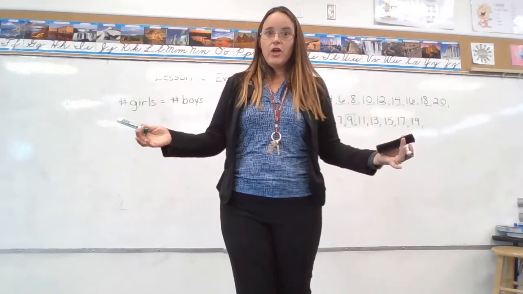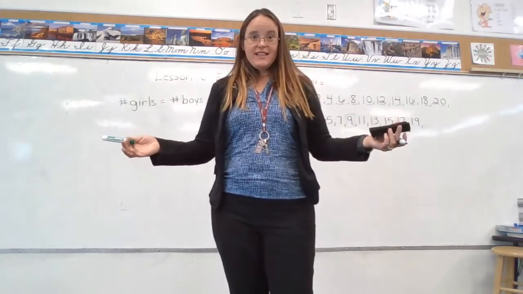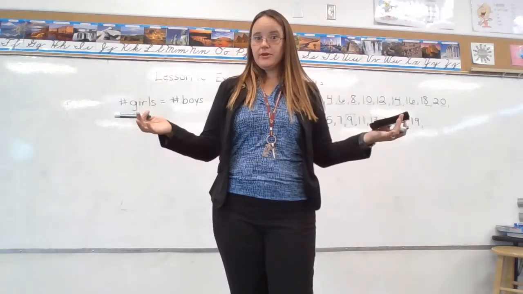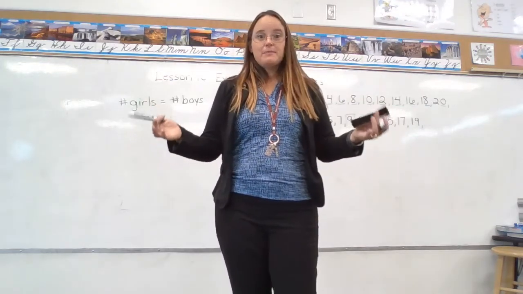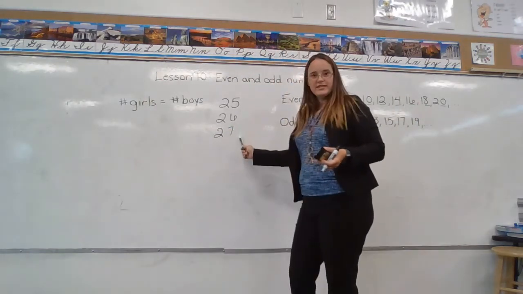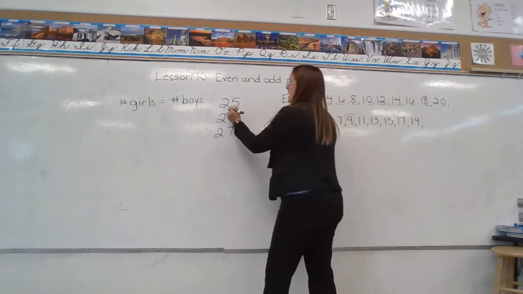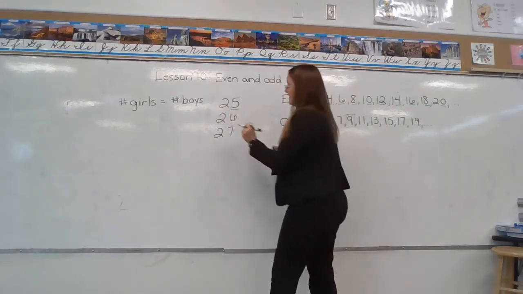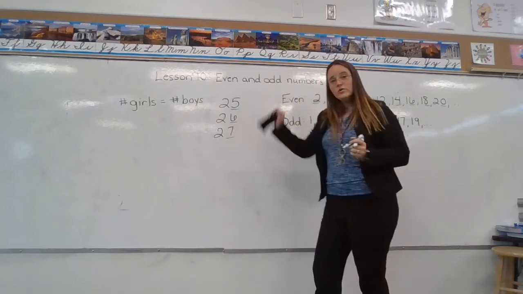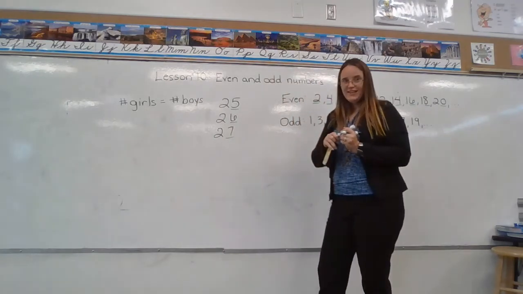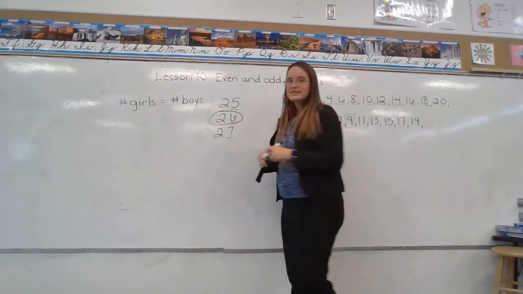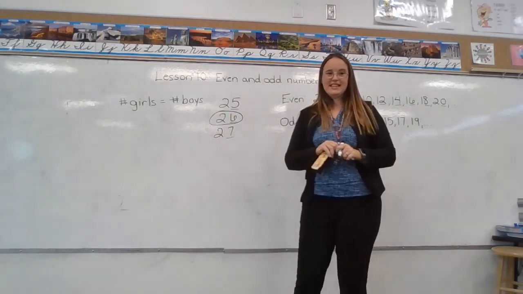Nobody's left out, which means the number of kids in the class must be an even number. They must be even because we don't have any odd man out. So looking at my choices, notice the ones place, I have a 5, I have a 6, and I have a 7. Only one of those choices is even. Yes, it's 26, so there must be 26 students in this class.